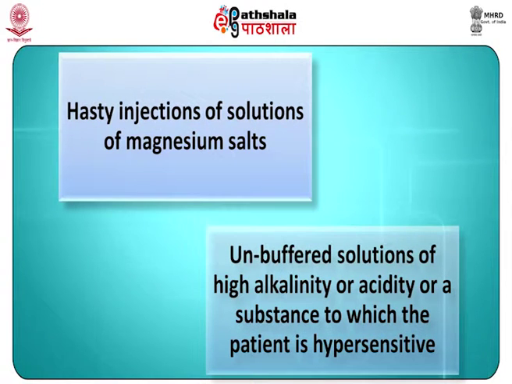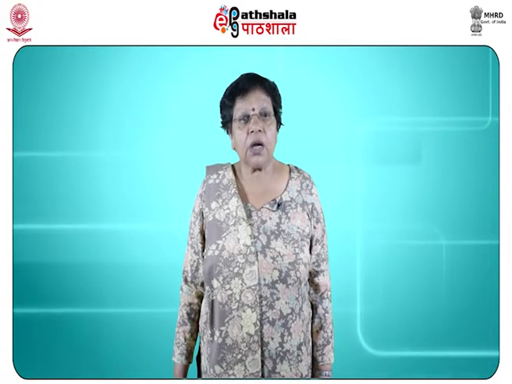For example, hasty injections of solutions of magnesium salts, unbuffered solutions of high alkalinity or acidity, or of a substance to which the patient is hypersensitive. Iatrogenic poisonings caused by prescribing, administration errors, or unrecognized adverse drug interactions have recently been identified as a significant problem.